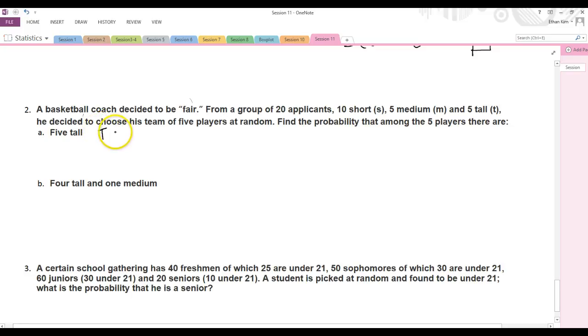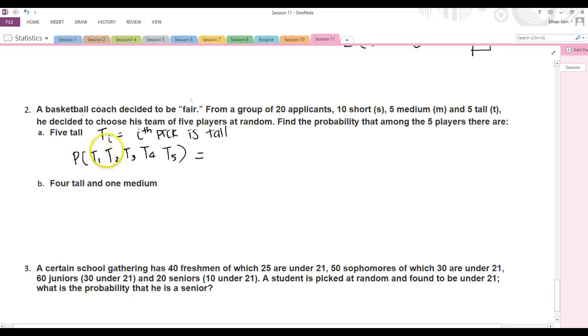Okay, so let's just write T sub i equals the ith pick is tall, right? So what we're looking for here is the intersection of T1, T2, and so on, all these events.